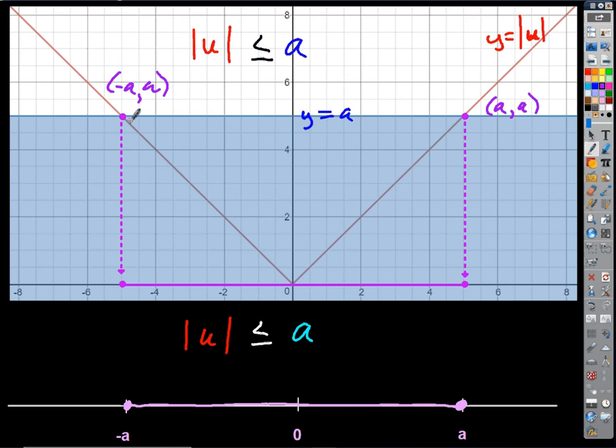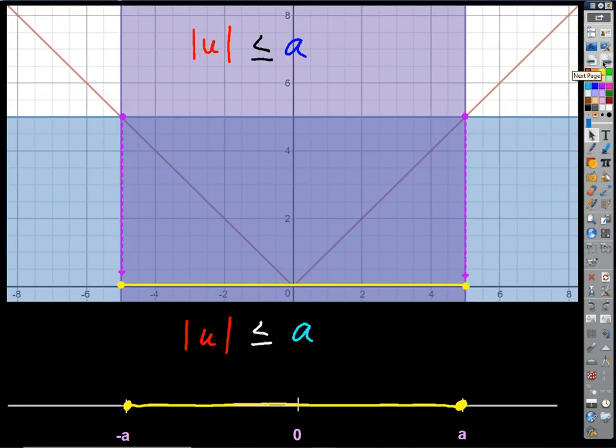But we're only taking the values below that horizontal line. It's kind of like the water line, and we want the parts that are underwater, right? Where is that? Well, that's this interval right here, isn't it? Everything between negative a and positive a, right?